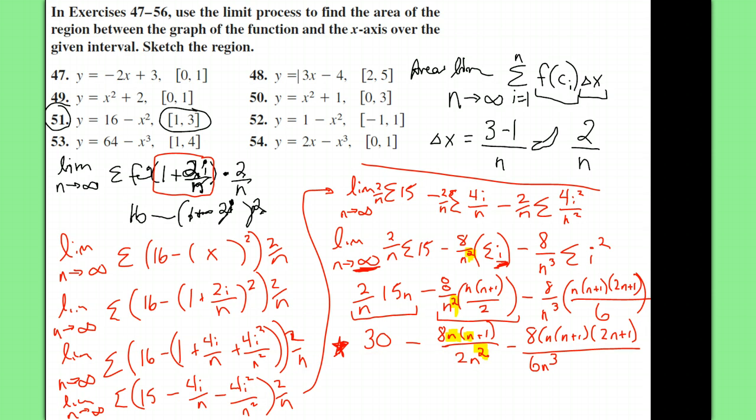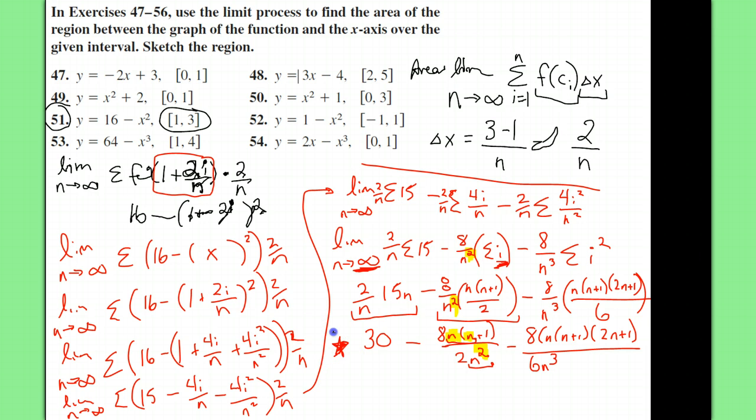So if I look at that second term, I have n squared on top and n squared on bottom. And if you remember what you know about rational functions, if I were to do long division, I could divide that n squared into everything, and I would be left with my leading coefficient, which would be 4.